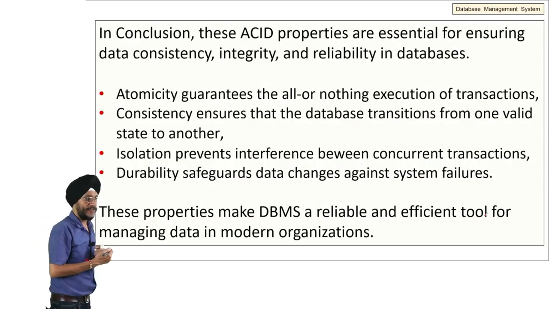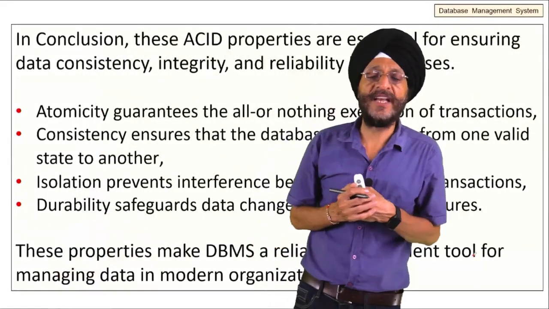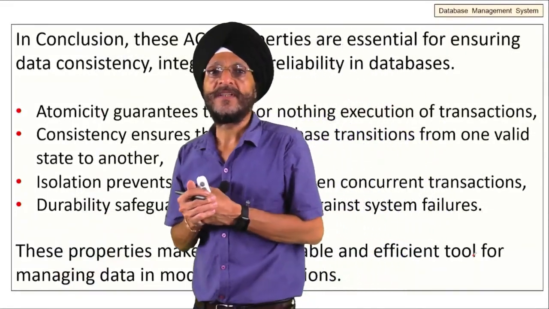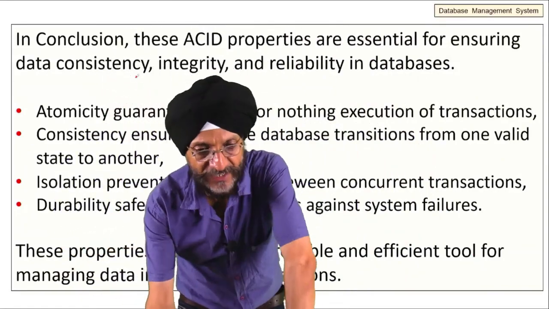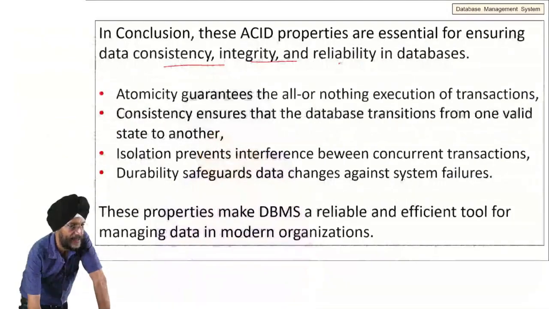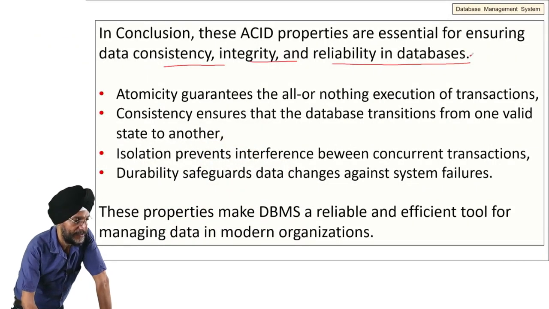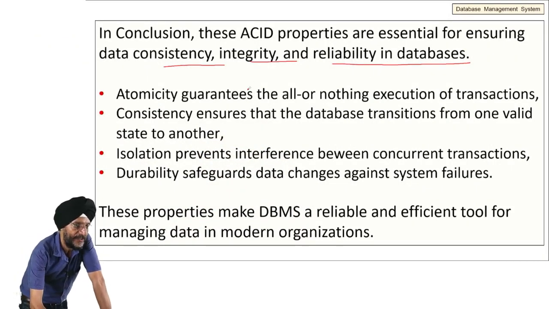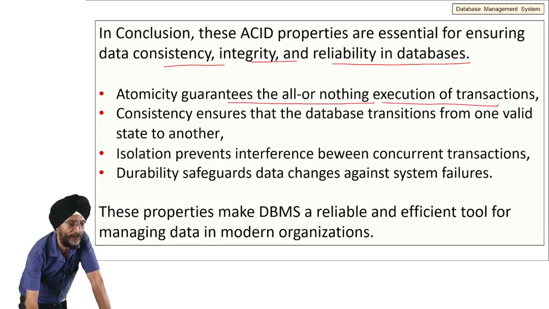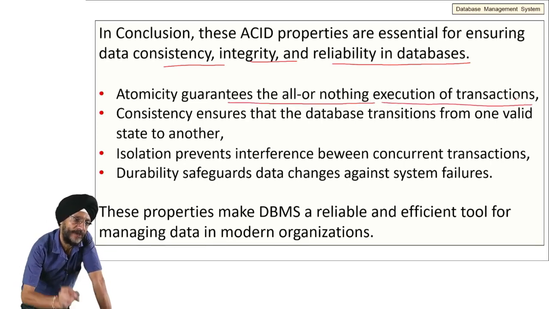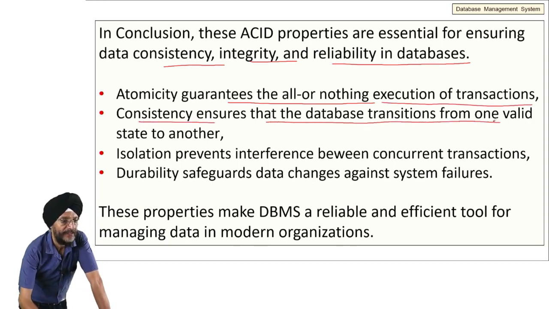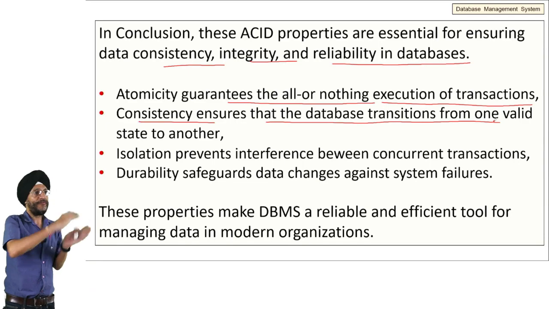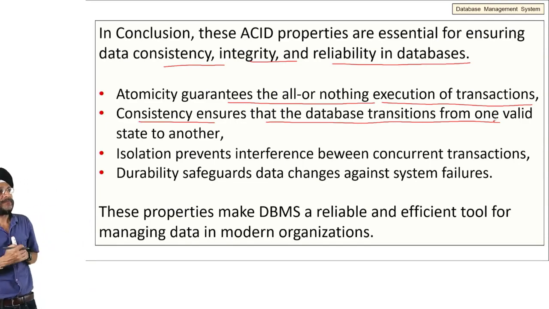In conclusion, we can say that these ACID properties of DBMS are very important for ensuring data consistency, integrity, and reliability in databases. Atomicity guarantees the all or nothing execution of transactions. Consistency ensures the database transitions from one valid state to another.